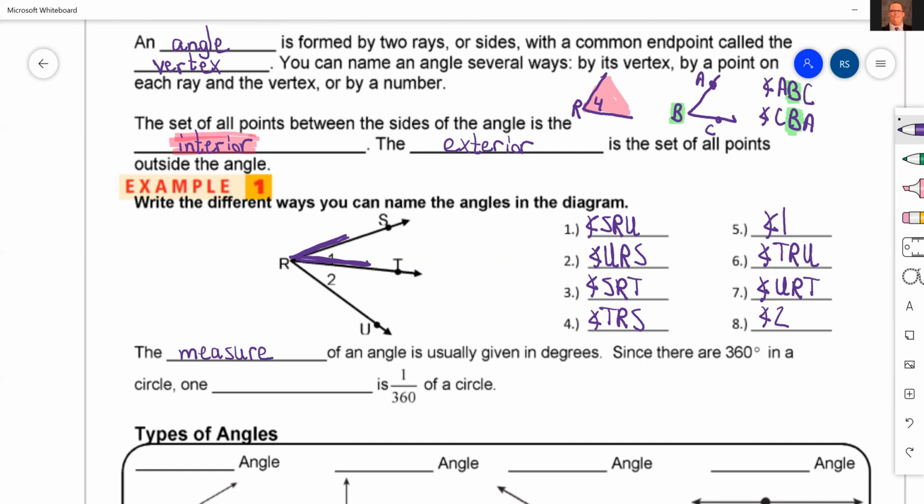Since there are 360 degrees in a circle, 1 degree is 1/360th of a circle. Now, like I said, they're usually measured in degrees. If you go on to pre-cal, they could also be measured in radians.